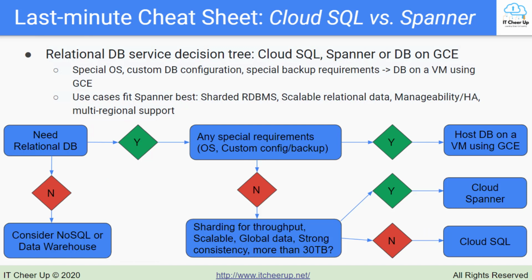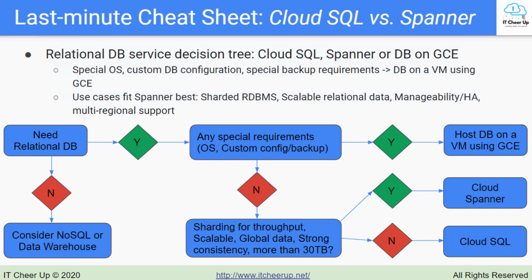There are three options for using relational database services in Google Cloud: using Cloud SQL, Cloud Spanner, or hosting the database on a VM using GCE. If your relational database requires a special operating system, custom database configuration, or special backup requirements, then you should host the database on a VM using GCE.